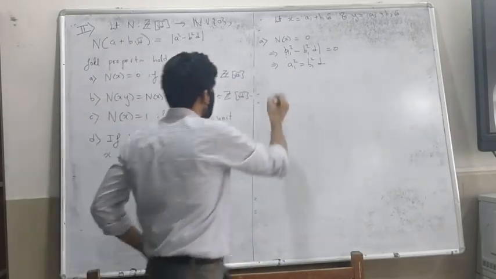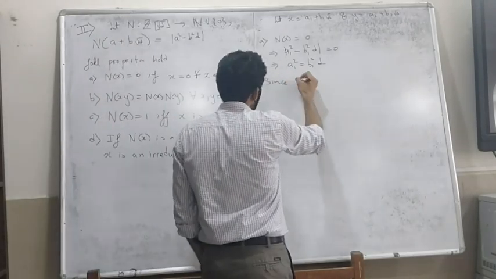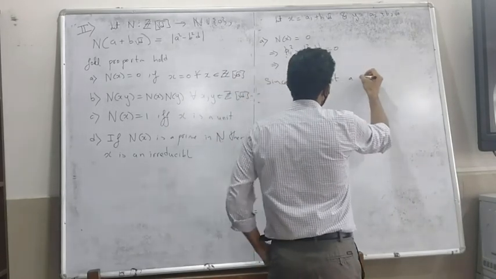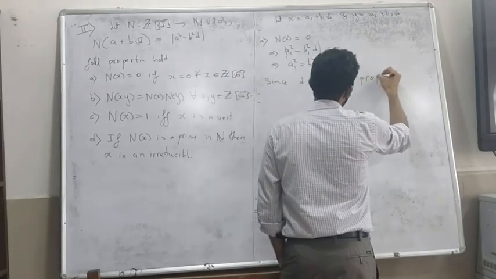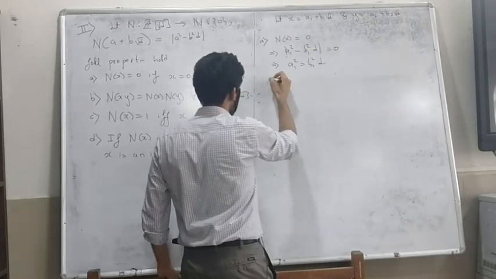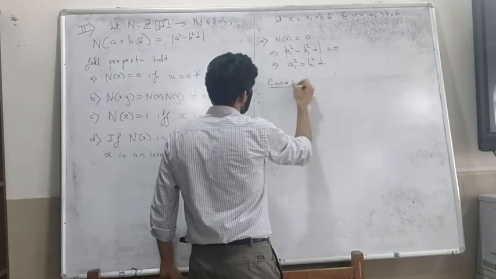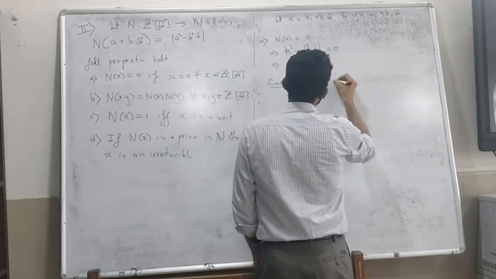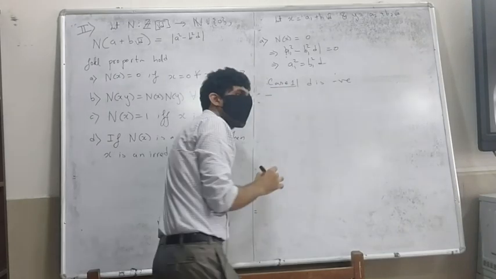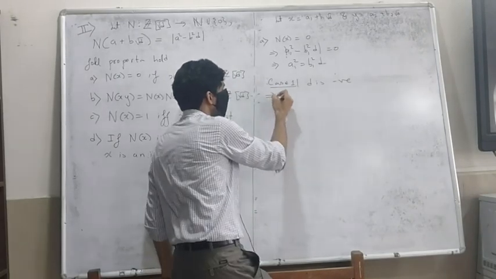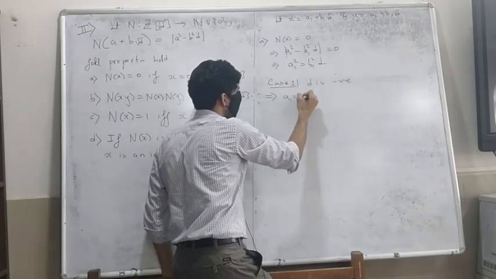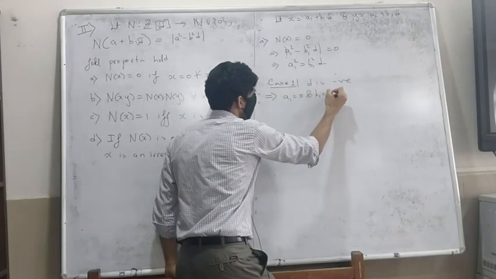So since d is not a proper square, I need to take two cases. Case 1, d is negative. Because this can't be negative, this will mean that a1 is 0 and b1 is 0.